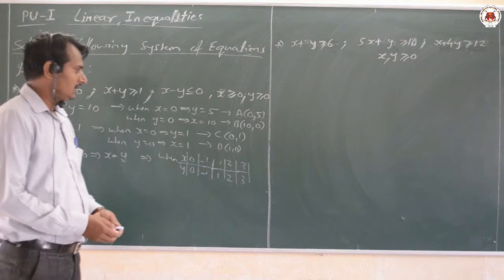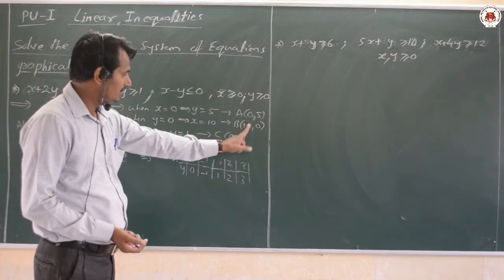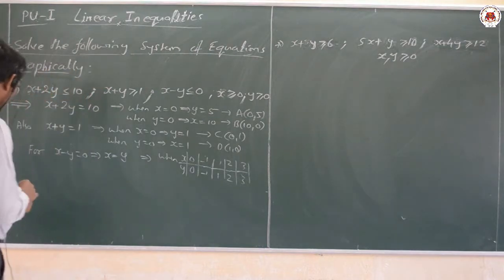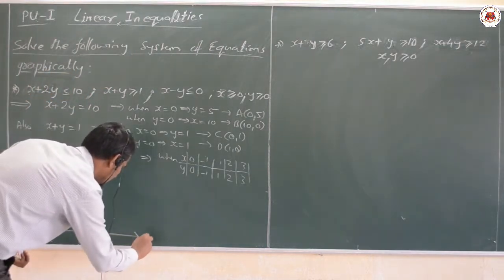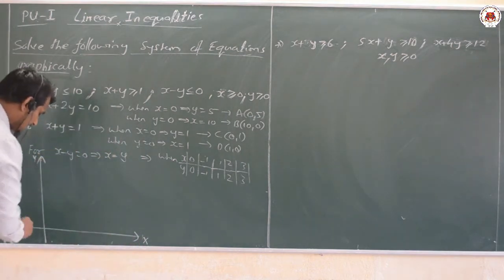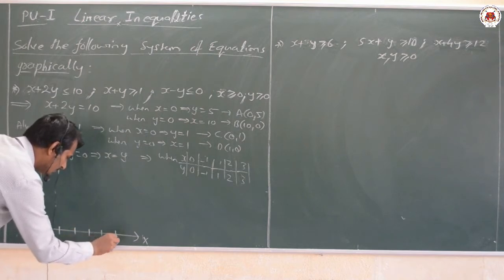Before drawing the graph, let us look at the points. The points are (1, 1), (0, 5), (10, 0), and here it is nothing but a straight line passing through the origin. Now dear students, let us draw the graph here. Graph is very simple here. It is our x axis, it is our y axis. Let us take the points here: 1, 2, 3, 4, 5.